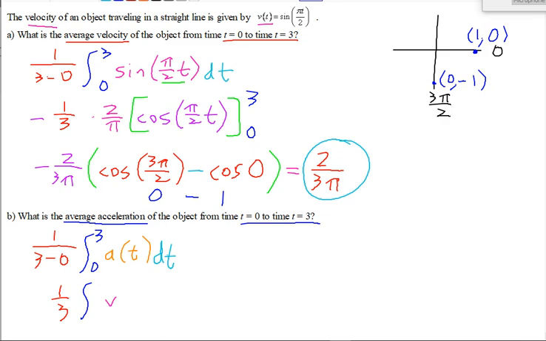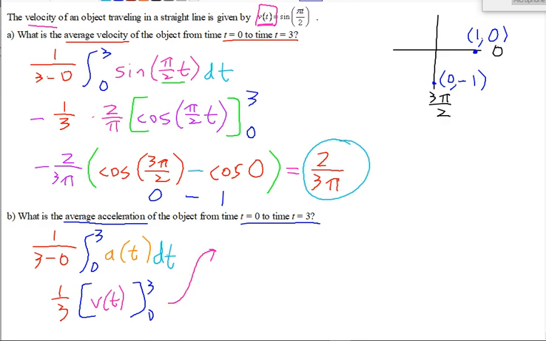Because we've already integrated it here, this will become from 0 to 3. We integrate acceleration, we get back velocity v of t, which we already have right here. So there's no need to actually figure out acceleration in this case, unless you just want to, because when you integrate it, it gets you back to velocity, which we already have anyway.